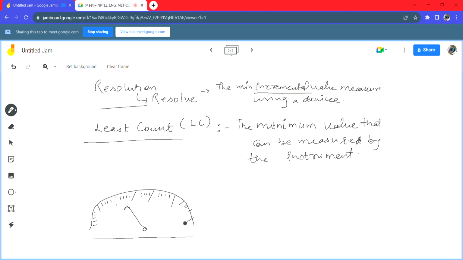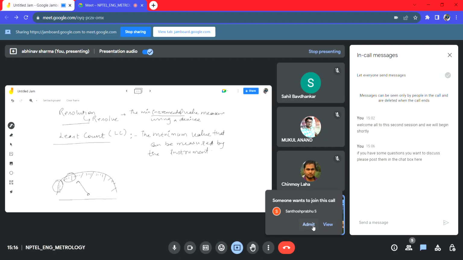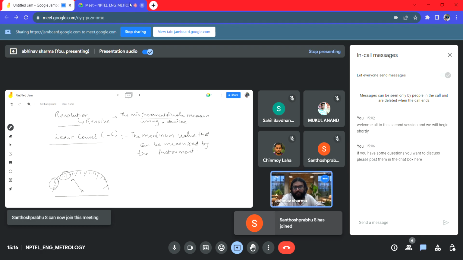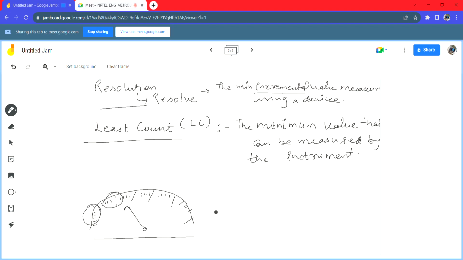So we want to clarify the difference between the least count of a device and the resolution of a device. Are they the same thing? As you can see in this section, there are multiple scales here, subdivisions of the main scale, and we have a full range of movement from here to here.